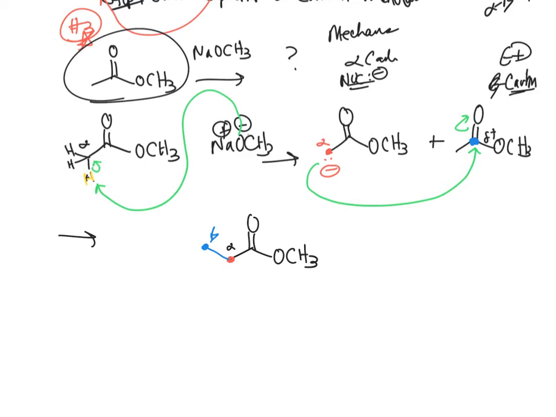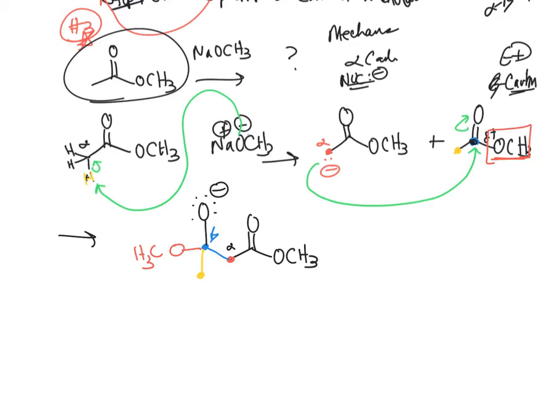And this is going to form a tetrahedral intermediate. Now I got to make sure I get everything off of this. So I have this here, tetrahedral, 4 things. And then I have OCH3. See my OCH3? Okay, now this is what's different.